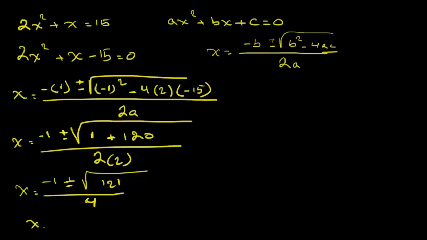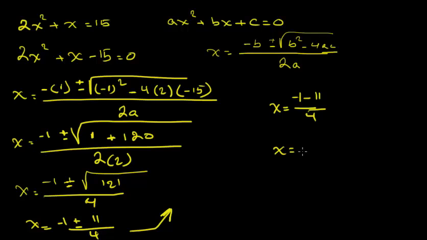So x equals minus 1 plus and minus 11 over 4, right? Now let's do the rest here. We can write this one as x equals minus 1 minus 11 over 4, and then x equals minus 1 plus 11 over 4.